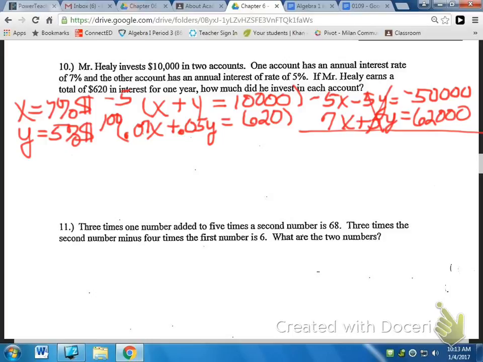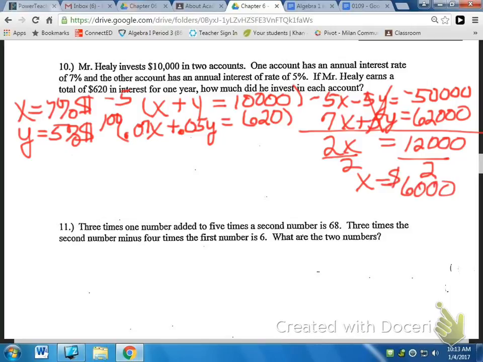I've got negative 5x and positive 7x, so that's 2x, and that's going to equal 12,000. Last step is to divide by 2, so the X amount is how much? $6,000. So $6,000 is invested at 7%.